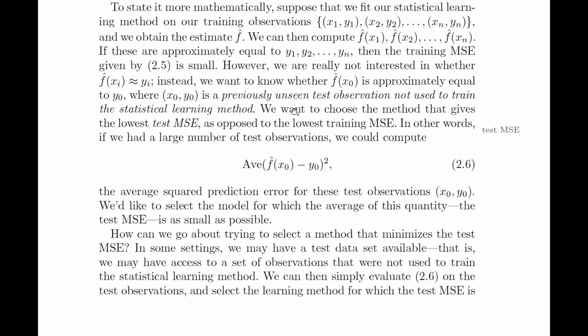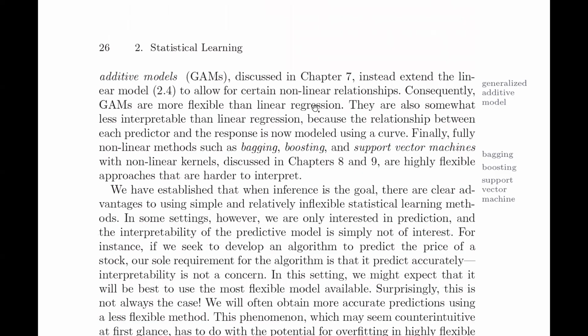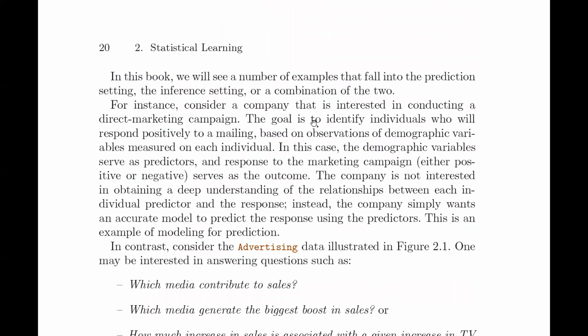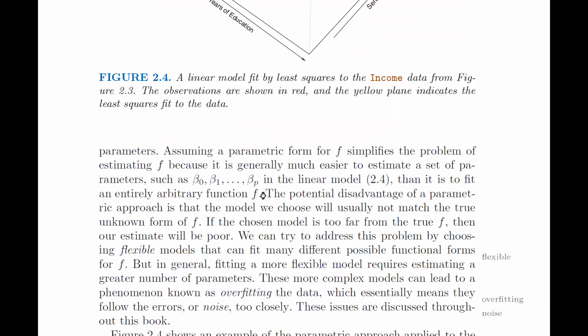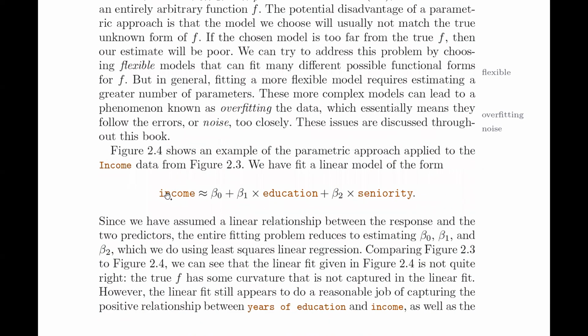Going back to yesterday's material, think of a formula like this one. Income is approximately equal to beta naught plus beta 1 times education plus beta 2 times seniority. Okay, if it's a bit abstract right now, you can make it a lot more concrete by just keeping this example in mind.